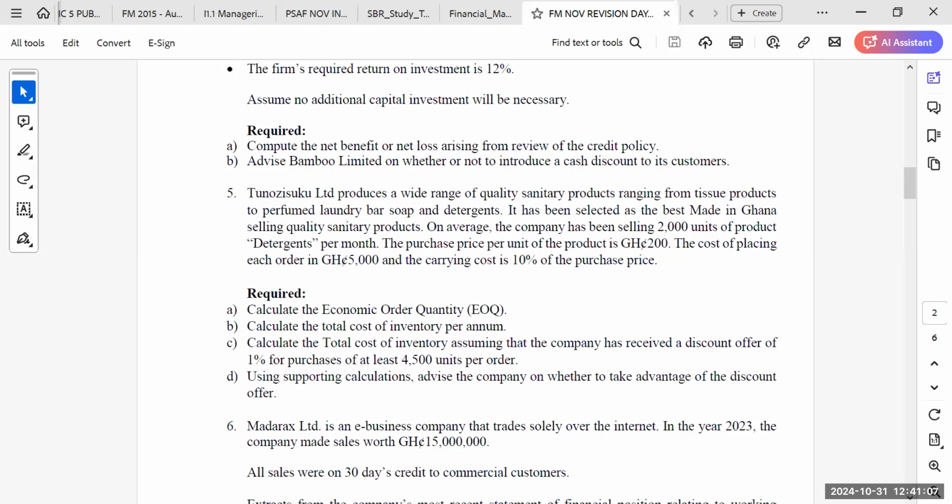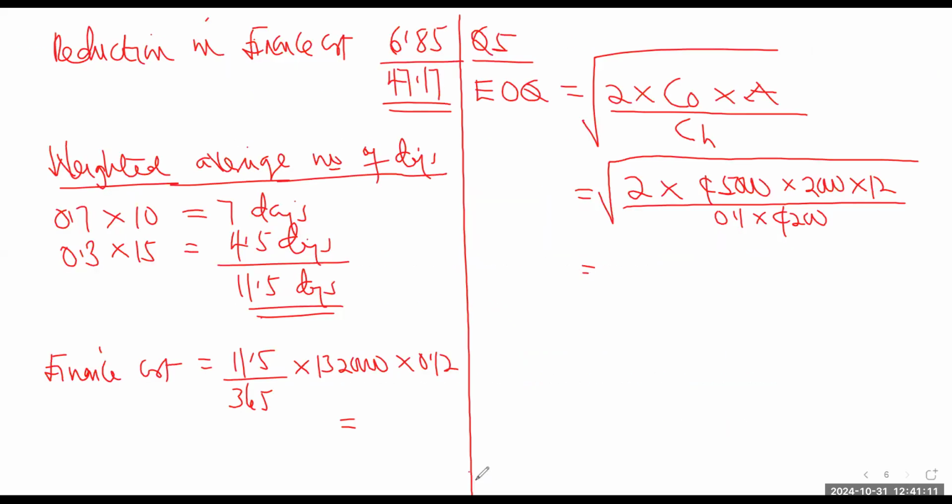Okay, so what will be the top? If you multiply all the top, what are we having? 12 million.